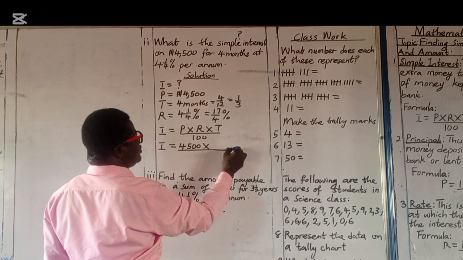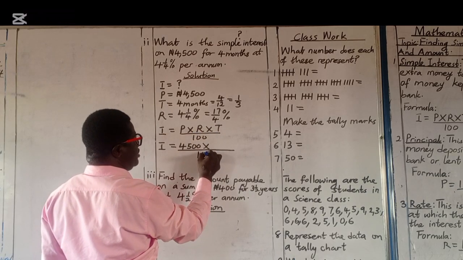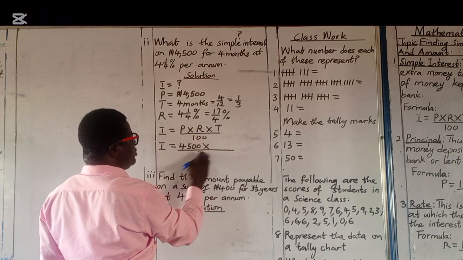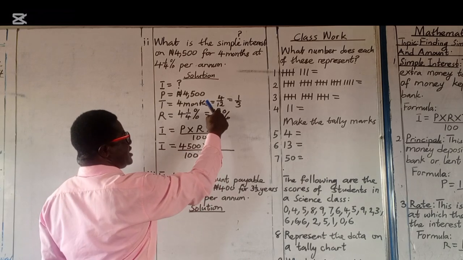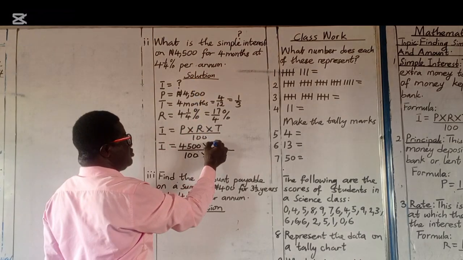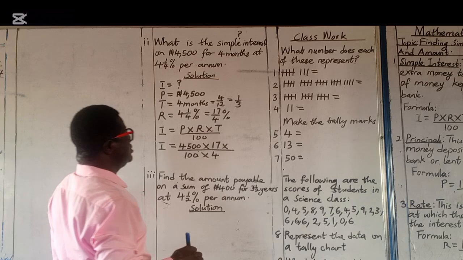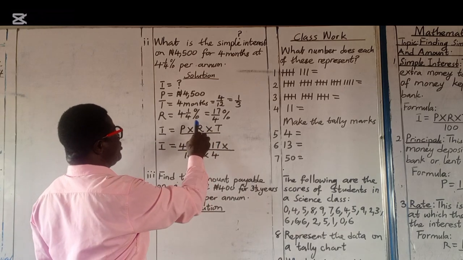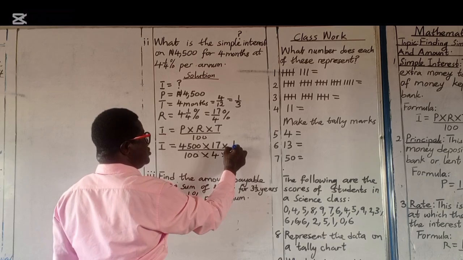Let me put the 100 here, I want everything to be contained. 17 is up, 4 is down. Multiply by principal times rate times time. Your time is 1/3. Put 1 up, put 3 down.